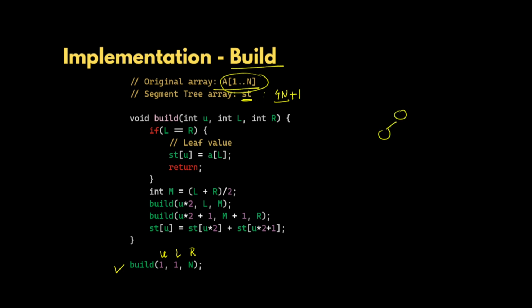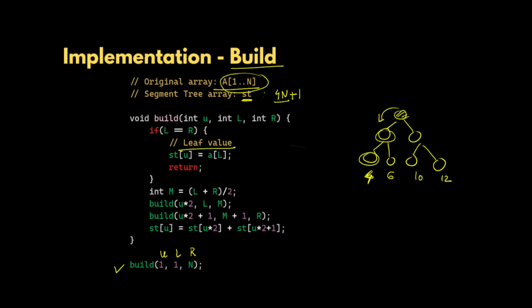Let's understand the base condition. Let's say this is the segment tree representation. We will call the build function on the root of the segment tree, but eventually we are going to reach the leaf nodes first, and update the root last, after updating all the other nodes. So let's say the array was 4, 6, 10, 12.